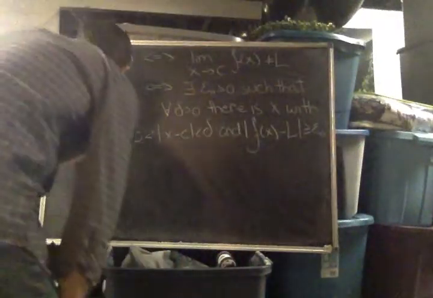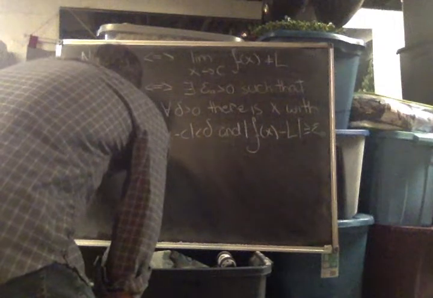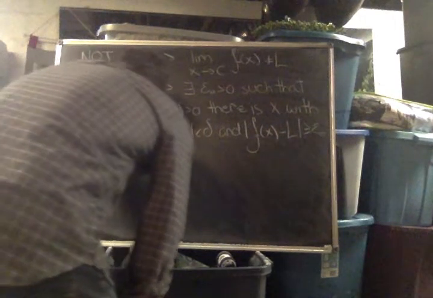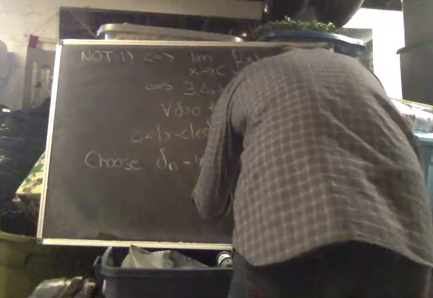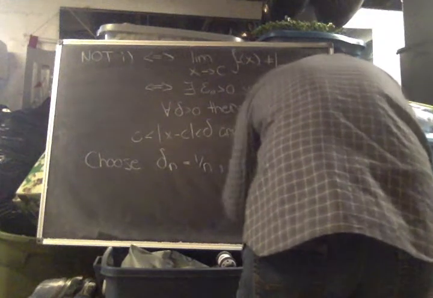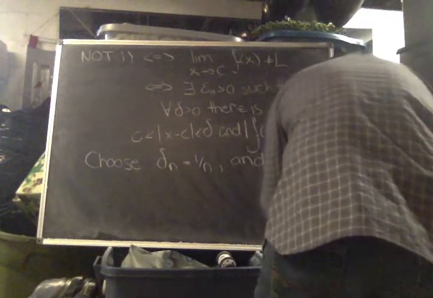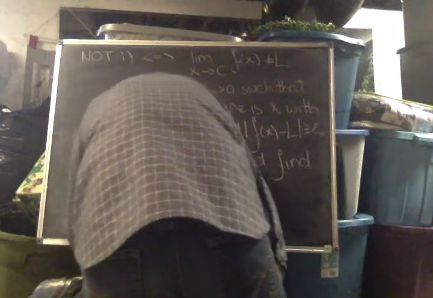So choose delta n equal to 1 over n and find xn as above.